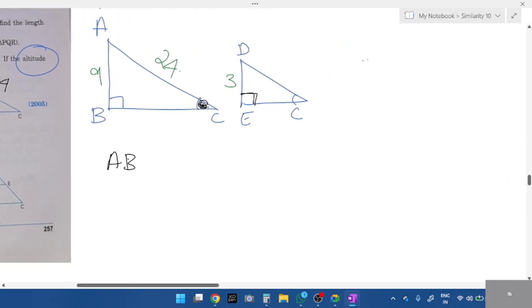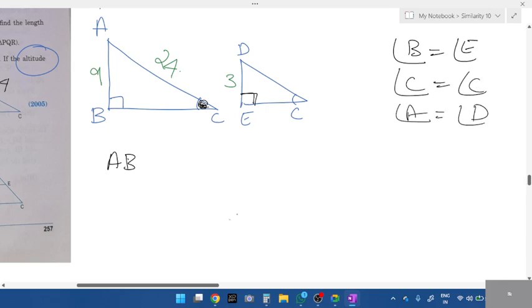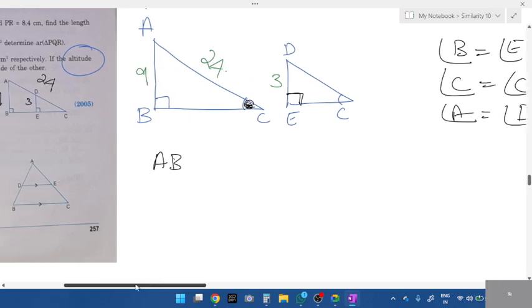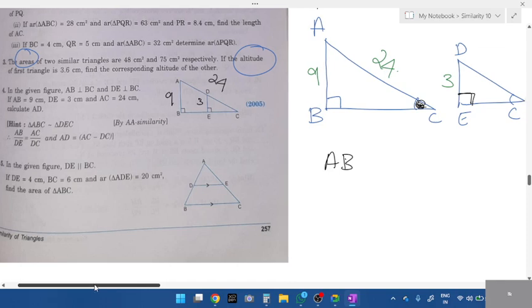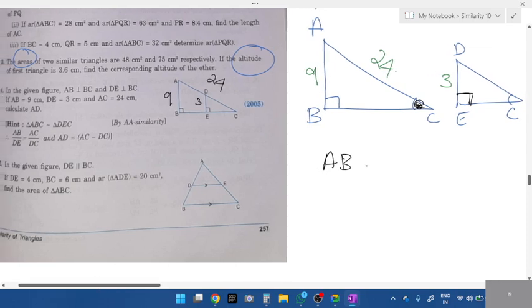Now, if both are similar, what angles are equal, students? Angle B is equal to angle B. Angle C is equal to angle C. What angle? Angle A is equal to angle. Just because of similarity, we know that. Tell me the next one. If I take AB divided by, in the second triangle, very good, DE.